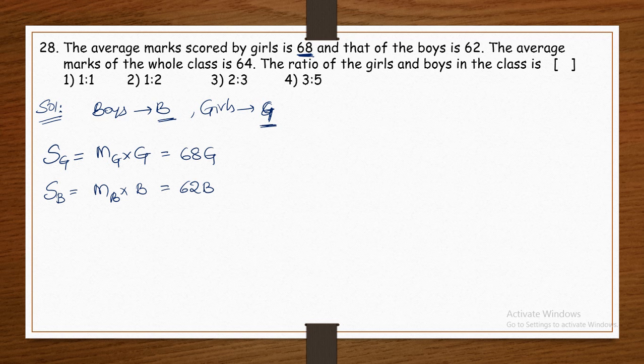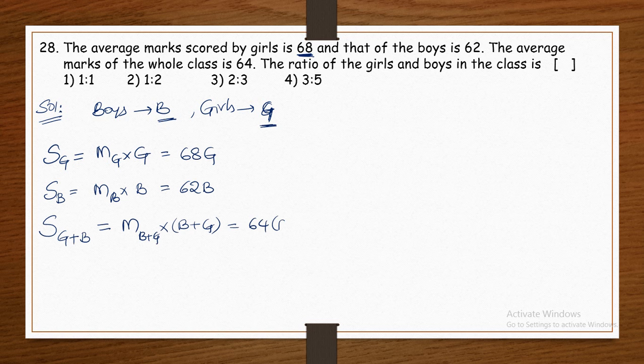Now finally, what he has given is the average marks of the whole class. So whole class means both boys and girls. So the sum of the whole class means the sum of girls plus boys, which is equal to the mean of boys plus girls into boys plus girls. The mean of boys and girls is 64.